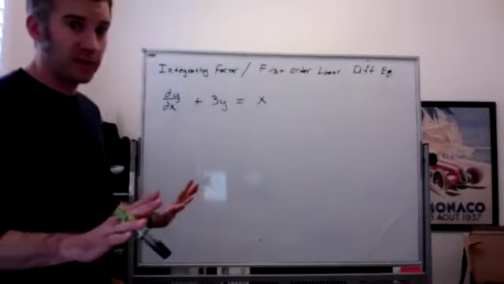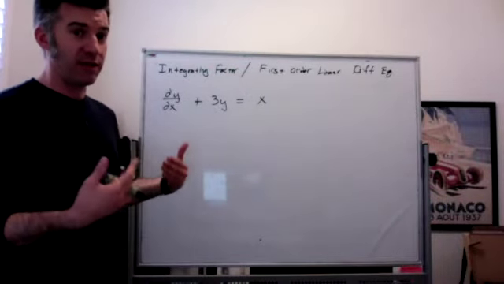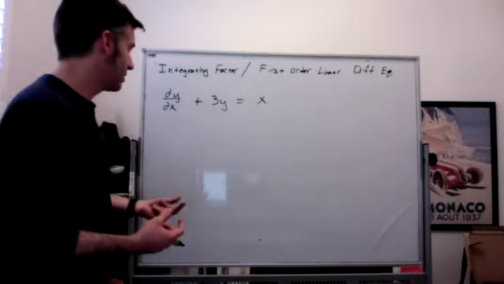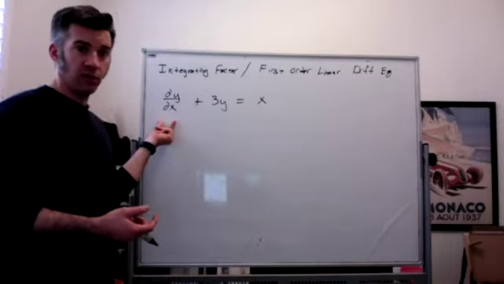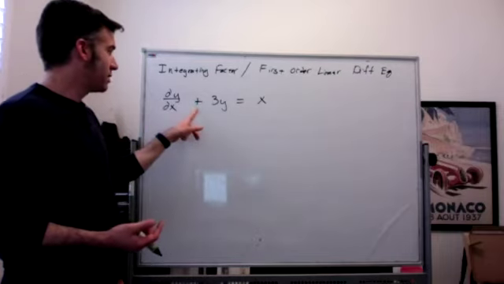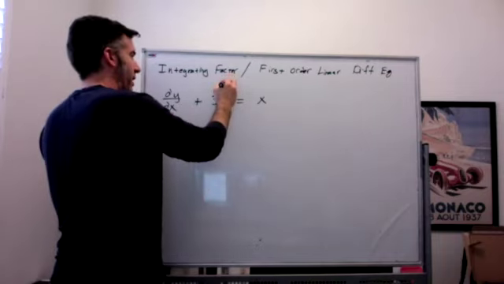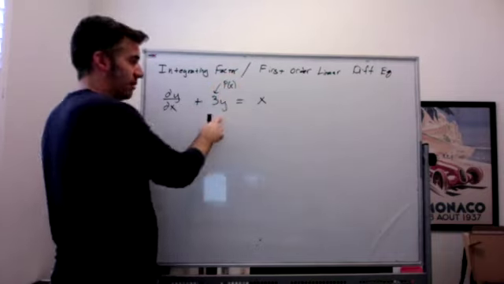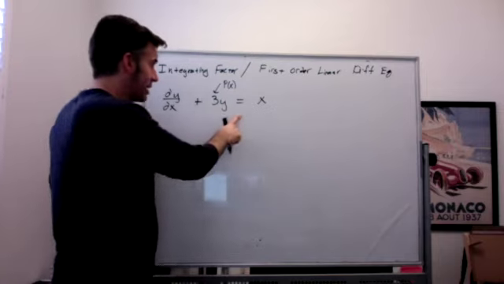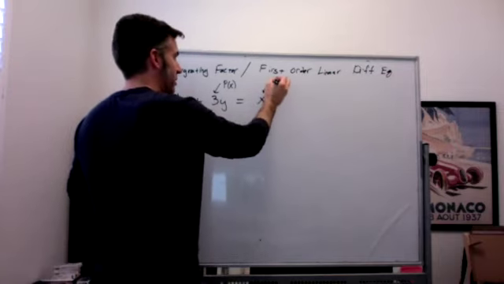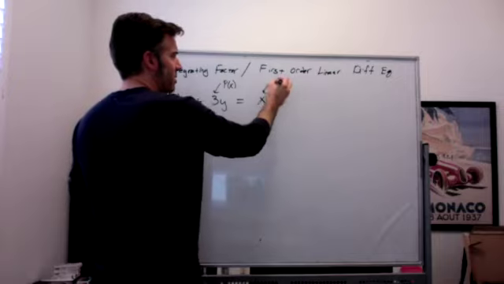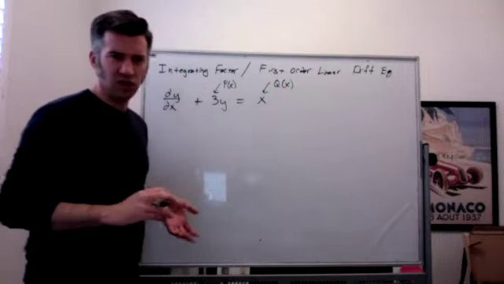So the first thing you have to make sure of before anything else is that you have it in the right form, meaning it has to be the derivative plus a function of x times y equal to some other function of x. People usually call this q of x. I feel like she called it g of x.